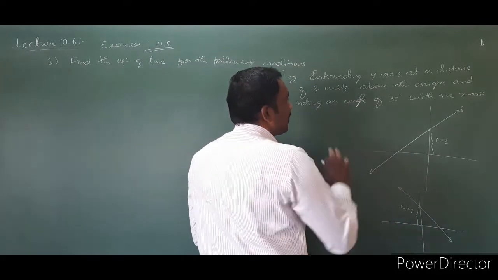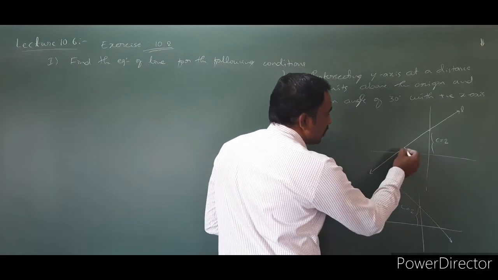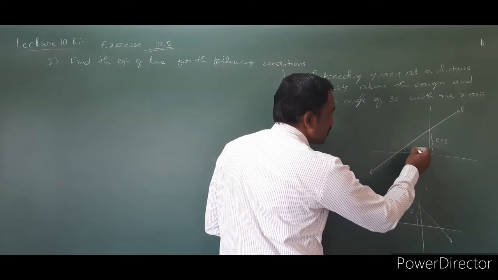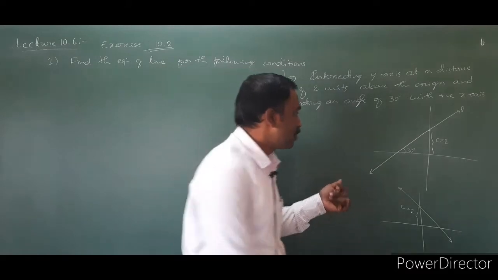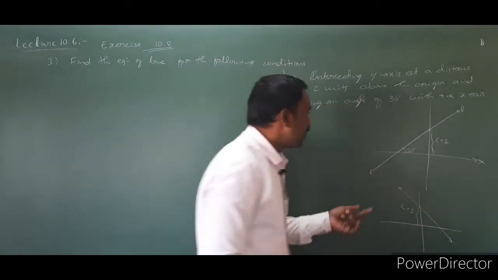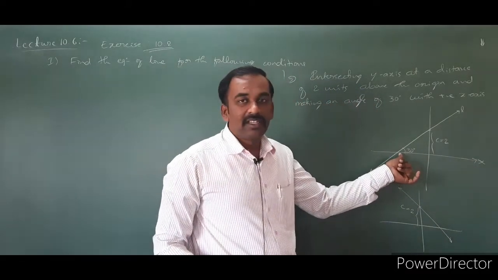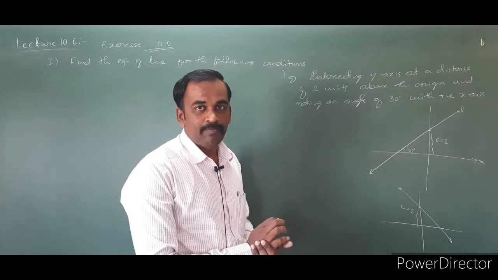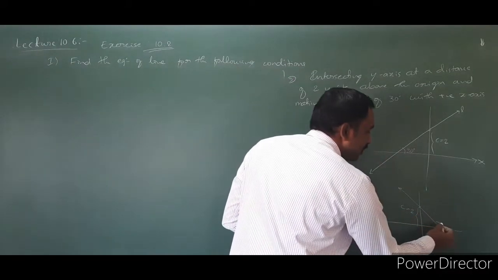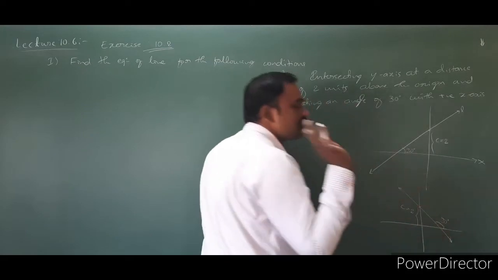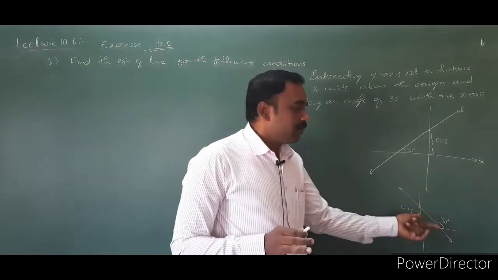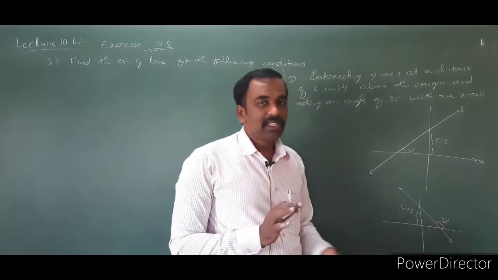The line is making 30 degrees with the positive direction of the x-axis. If I take this as the 30 degrees, yes, the degree is okay, but for the positive direction of the x-axis, here the angle is being made on the negative side. If you take it in this manner, practically this angle is not possible to be 30 degrees.